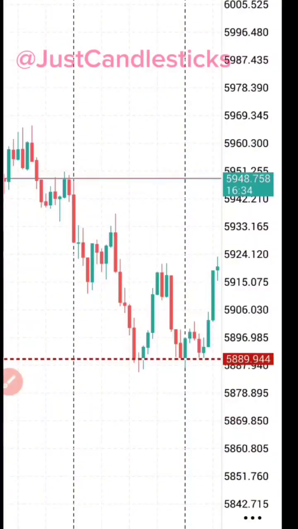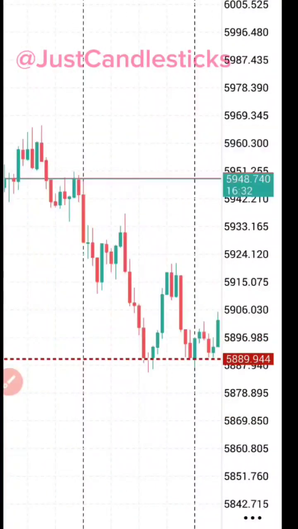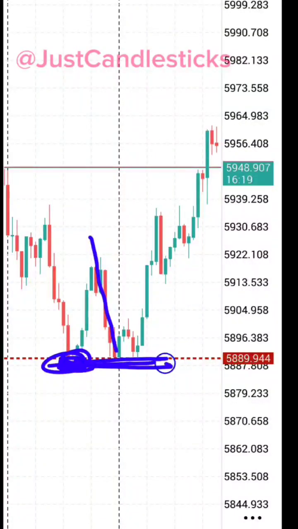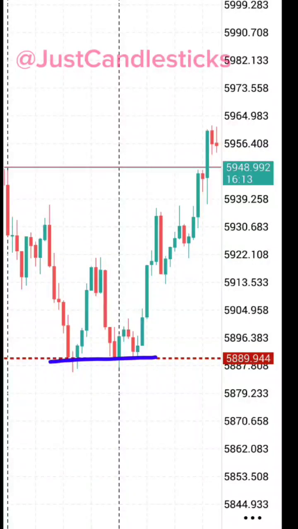This is my 1 hour. So the market is coming down here. This is the level that I'm looking out for. So the market got to the level here. Okay, amazing. So meaning that from this level, I want to buy.